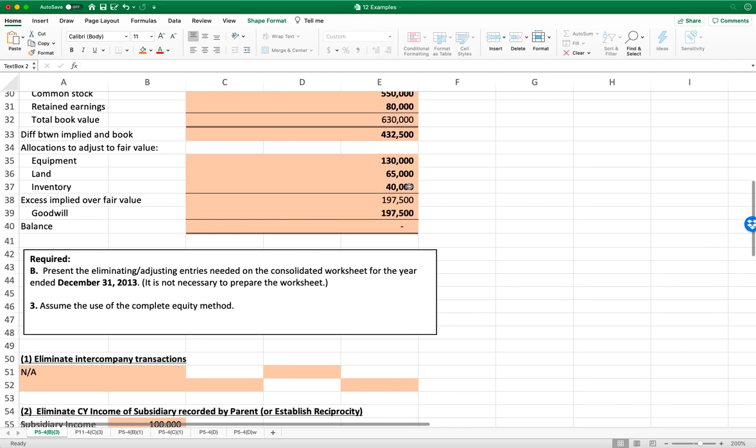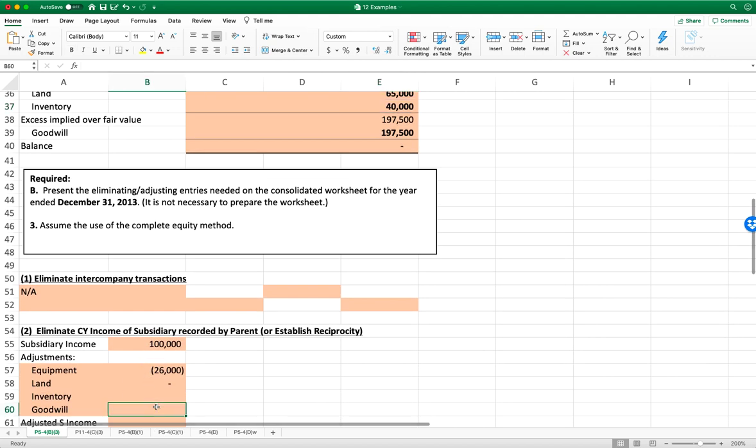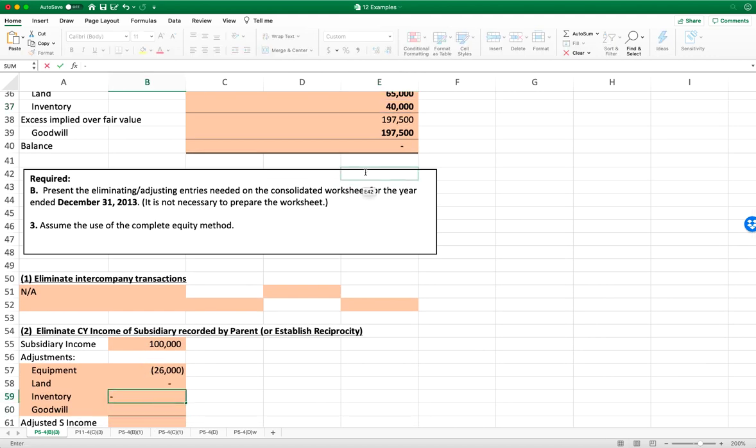So we know that all of the inventory that goes with this fair value adjustment of $40,000 has been sold. So that means that adjustment would also go through our income statement as cost of goods sold. So that means that we believe there's an extra $40,000 of cost of goods sold that our subsidiary doesn't know about. So when they report income to us, it's going to be missing that amount. So we're going to make that adjustment.